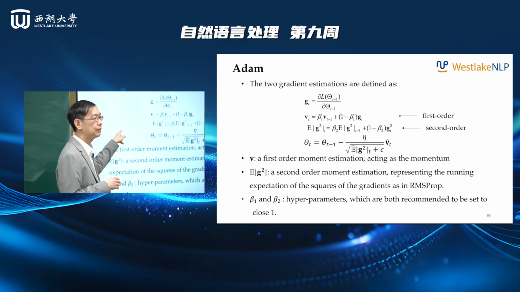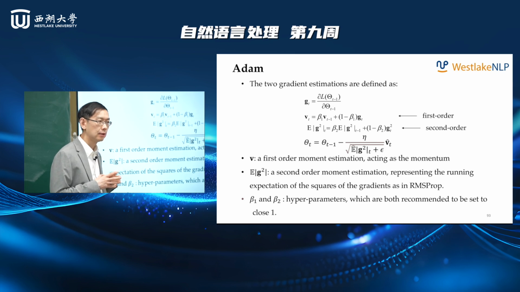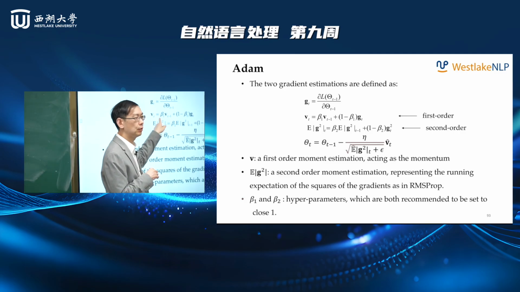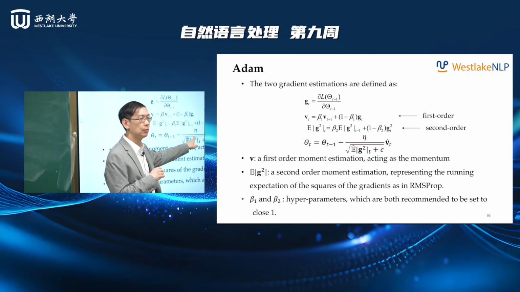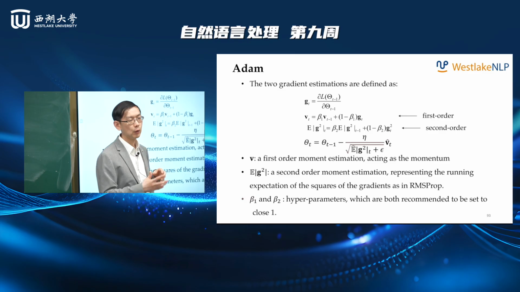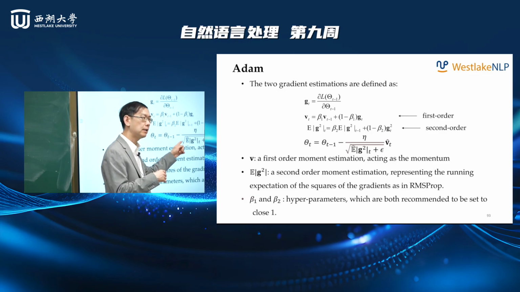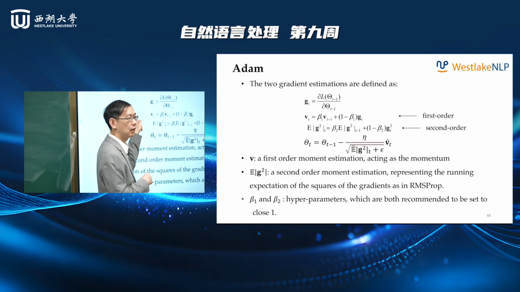And I have the root mean square from RMS prop, right? This serves as a second order momentum. In other words, I accumulate both G and G square. How do I use the accumulation of G? I use the accumulation of G, or V, to replace G. So when I update my model, I use the momentum rather than the current gradient for the update. So what is the use of RMS? It's the same as RMS prop.